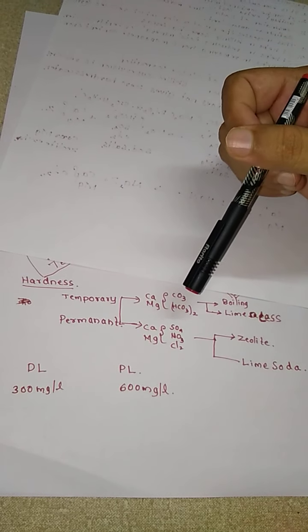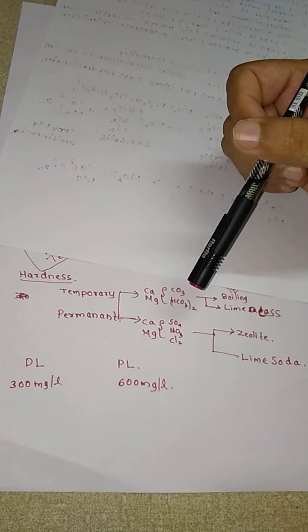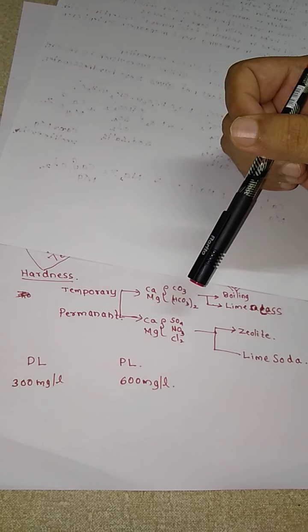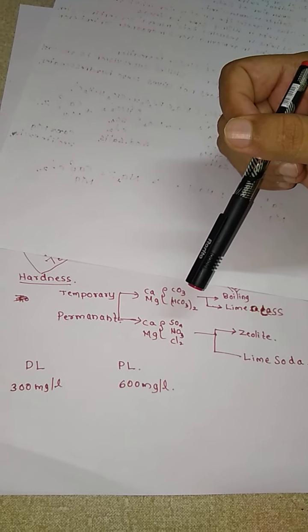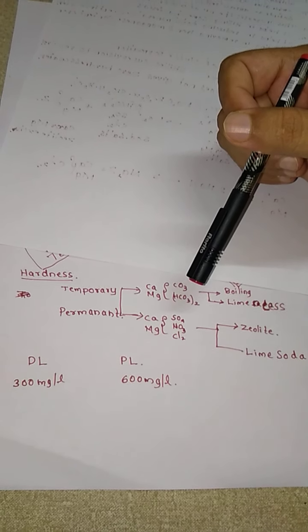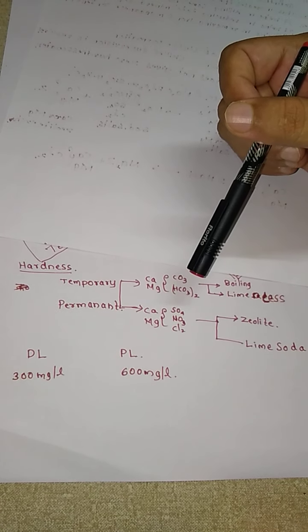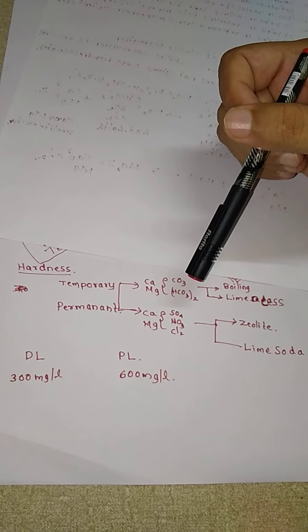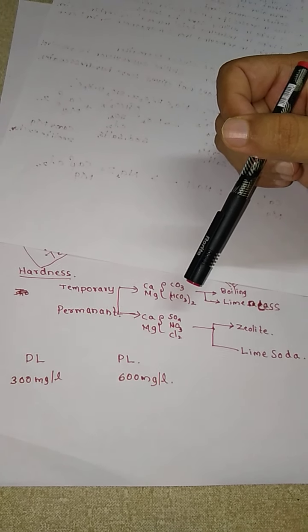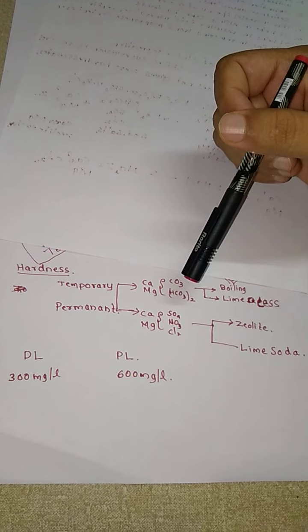If the water is hard, what problems happen? The food will be tasteless or less tasty, and it causes corrosion and incrustation problems in boilers or pipelines.